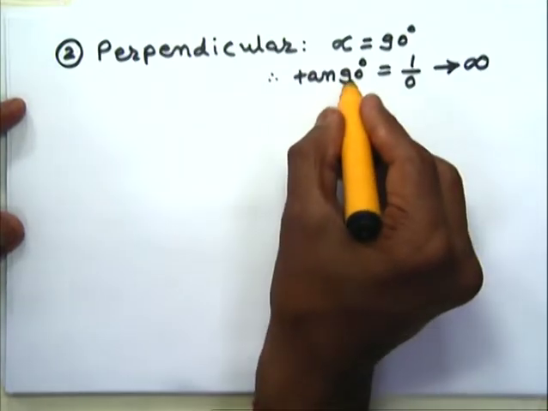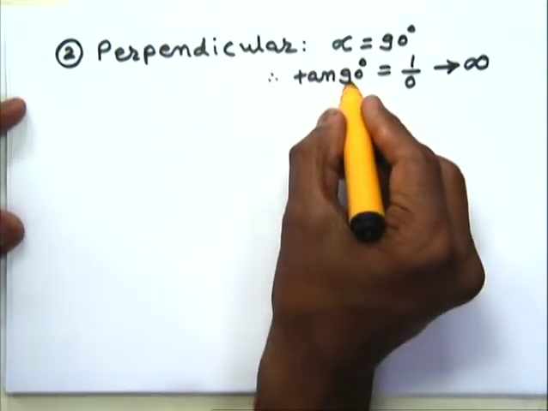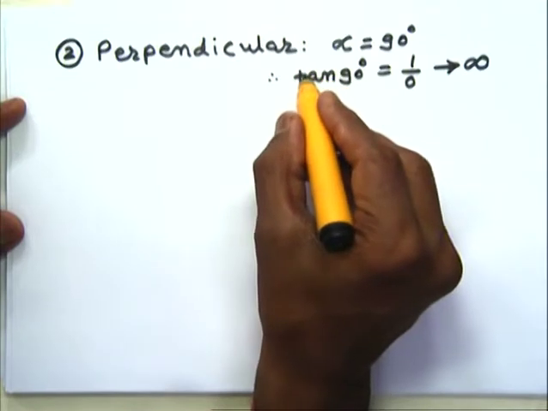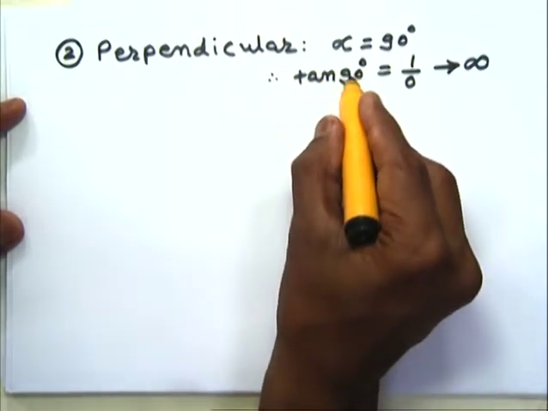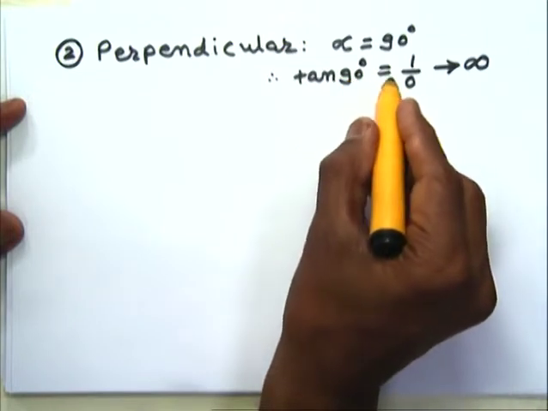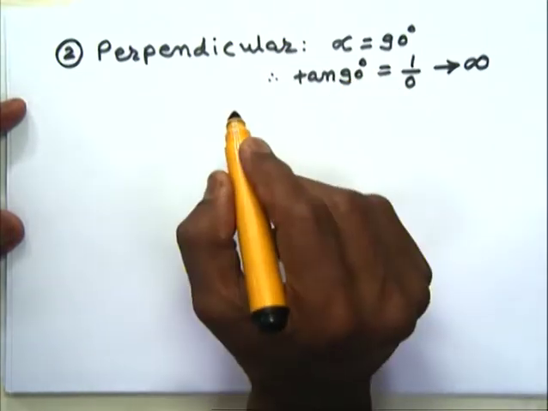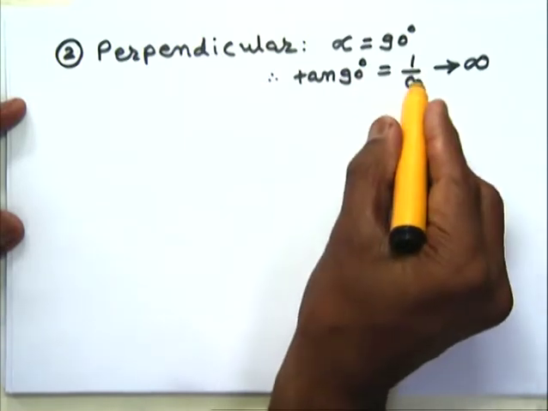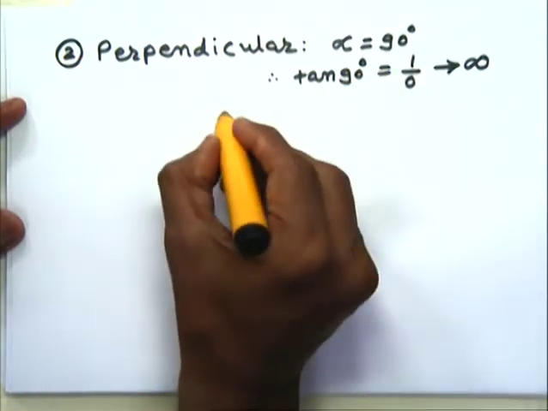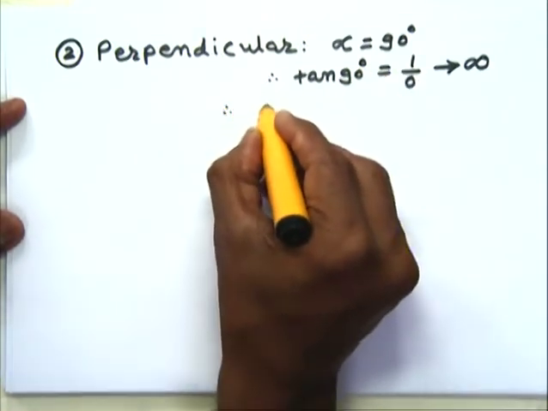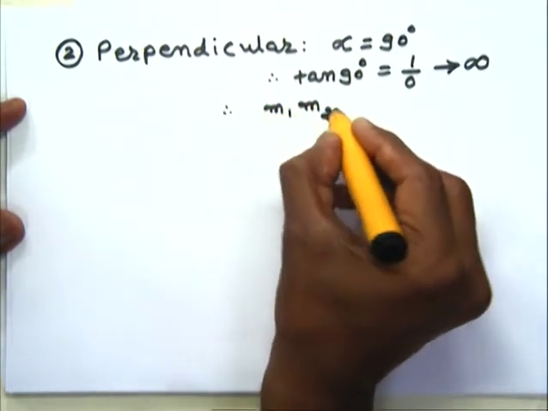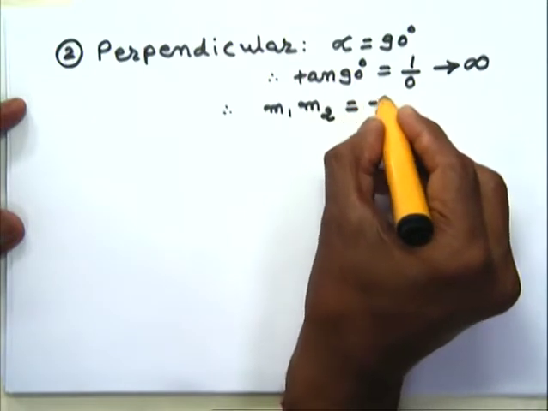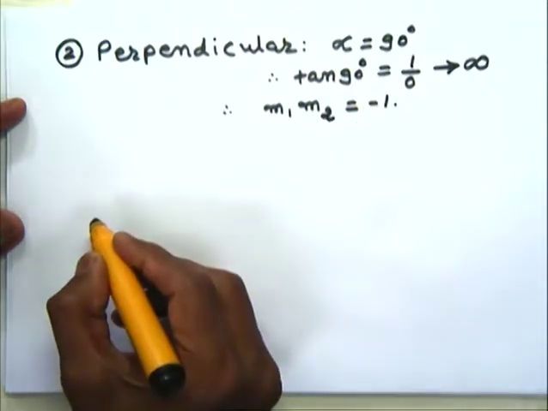And let us substitute this value in the equation angle between two lines, that is tan alpha is equal to mod m1 minus m2 upon 1 plus m1 m2, and taking cross multiplication, we find that m1 into m2 is minus 1.